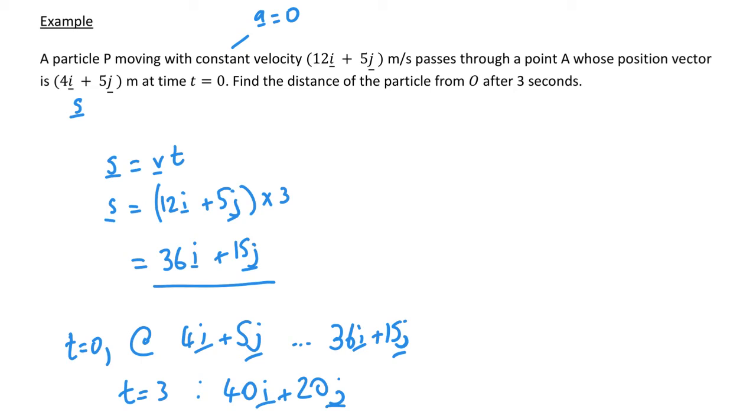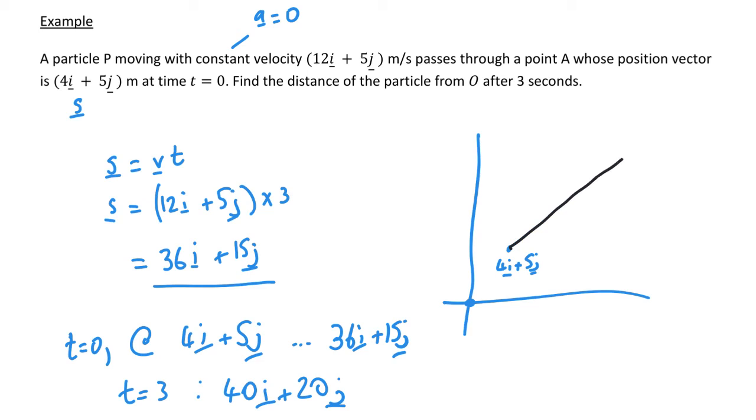So we could think about that in a diagram to make it a bit clearer. So here's our origin. Initially, it's at 4i plus 5j. And during the 3 seconds, it travels 36i and 15j. So then the position here would be 40i and 20j.